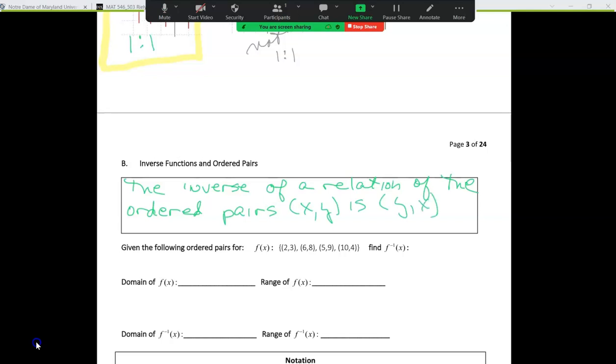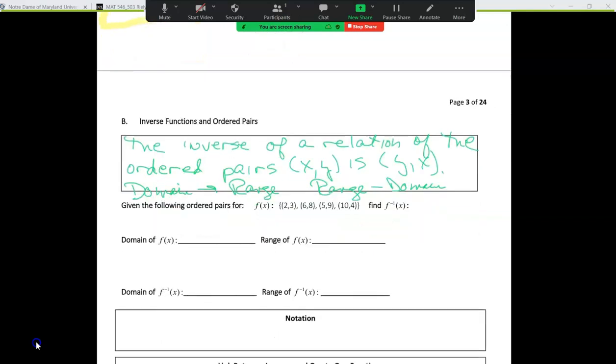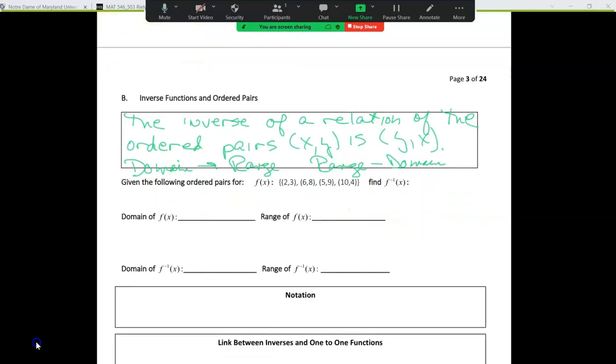So you're just going to flip it. So that means that the domain of your f of x function becomes the range of the inverse. And the range of your f of x function becomes the domain of the inverse. So let's explain this explicitly.